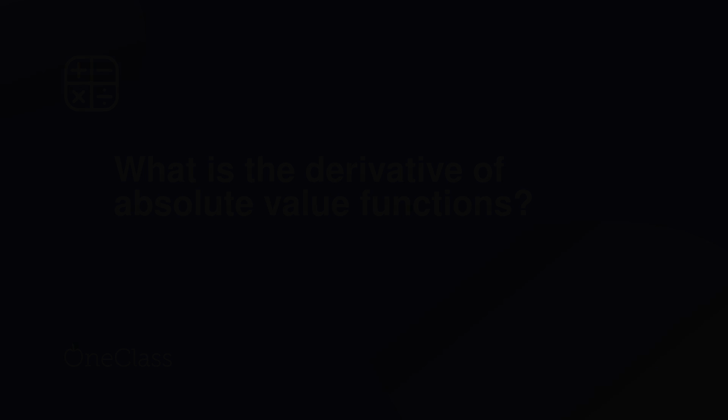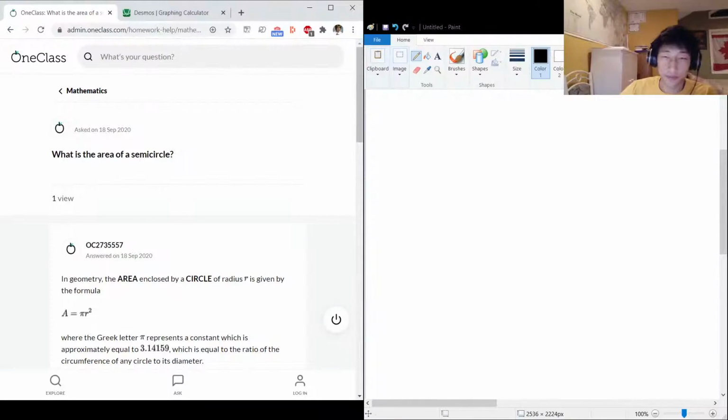To the next question that we have on the menu today. The next question that we have on the menu today is, what is the area of a semicircle? Now first, we got to think about something. What is a semicircle? Here we have a circle. I'll try to have a straight line.